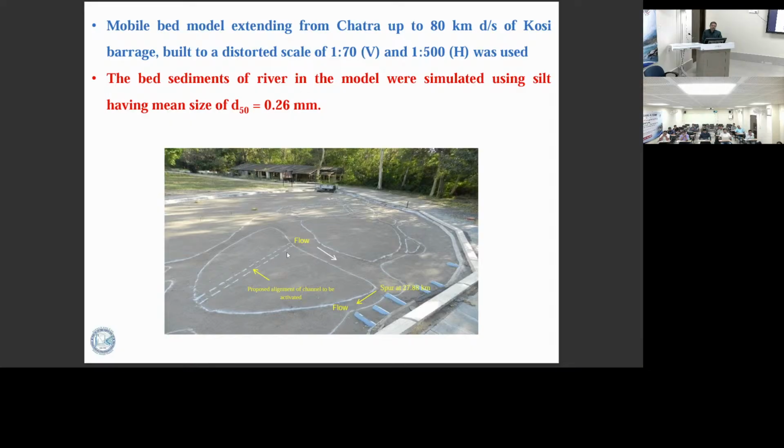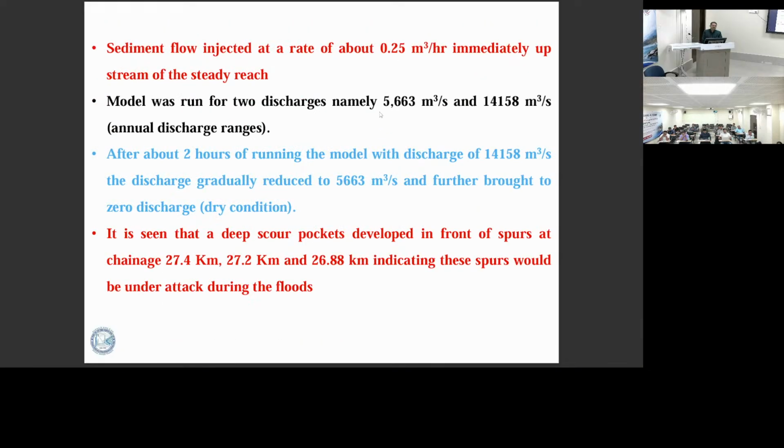The question was what the performance would be like. So we injected sediment, in a certain quantity, that is the sediment injection rate. It is qualitative only, not as per actual values. For a particular discharge, we inject the sediment rate into the model to see the scouring or deposition pattern qualitatively.